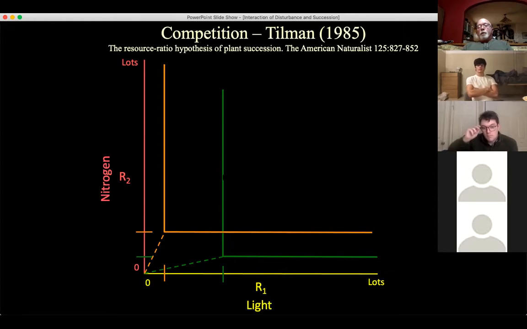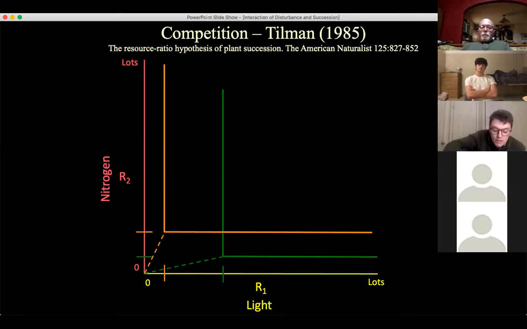So the zero net growth isocline represents what the needs are, and this vector that goes from the intersection of those two needs back to the origin represents then how fast they're going to utilize those two resources. And I want to ask them, how does the ratio at which those two resources are used relate back to the line itself on the graph?